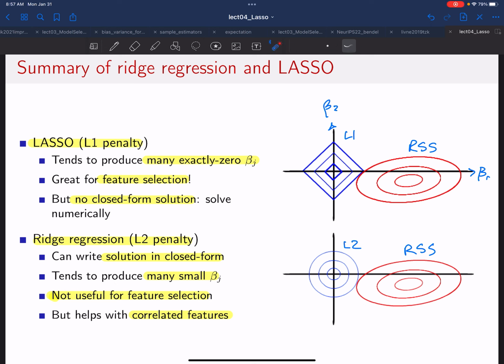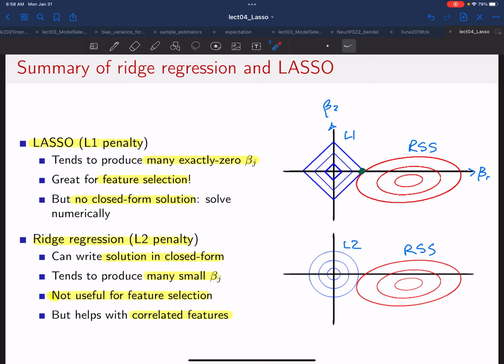Because of the pointiness of this, the minimum tends to happen along the coordinate axes. And here you can see the minimum happened right there. That is why we're getting what we call a sparse solution. It's a solution where beta 1 is non-zero, but beta 2 is 0. So that's why it's setting this beta exactly equal to 0.